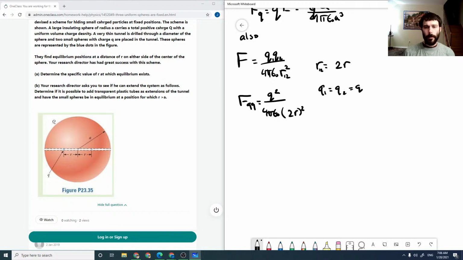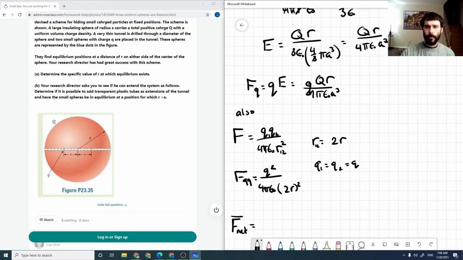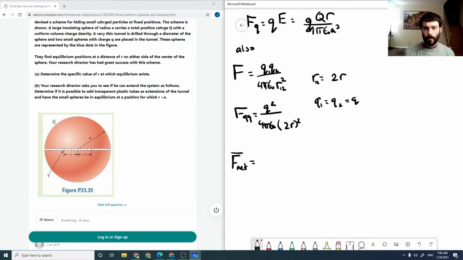So then our net force is the sum of these two. So Q r over 4 pi epsilon naught a cubed plus q squared over 4 pi epsilon naught times 2r squared equals 0.